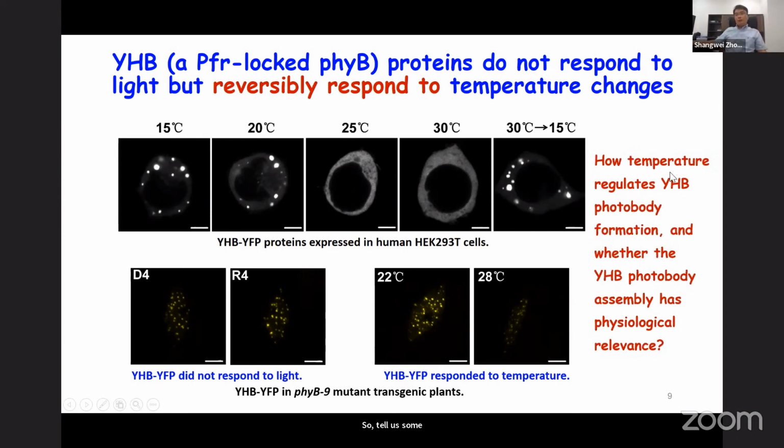First, how does temperature regulate the YHB photobody formation? Because YHB is a Pfr form locked phy, its protein activity cannot be regulated. So how can temperature regulate this photobody formation? Also, we still don't know whether this YHB photobody formation has a physiological relevance.